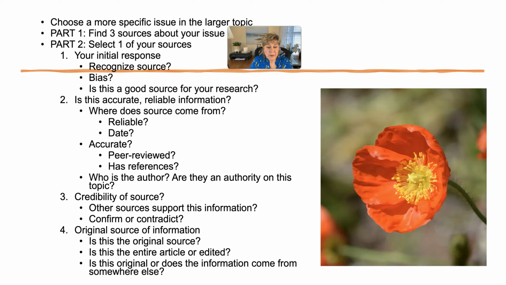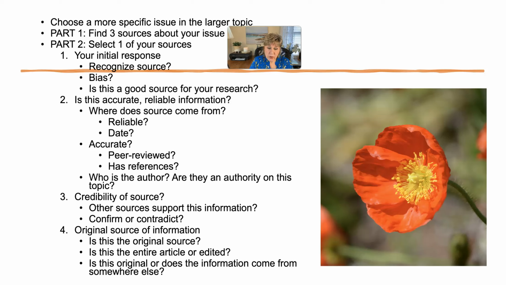If this is not the original source, then you don't put much credence in it. You could, if this is a review article in a scientific journal where they've taken sources from all over, put them together, and assimilated them. Yes, I trust those. Is this the entire article, or is it a small portion of it? Or has it been edited and reworded? Ooh, not good for science.